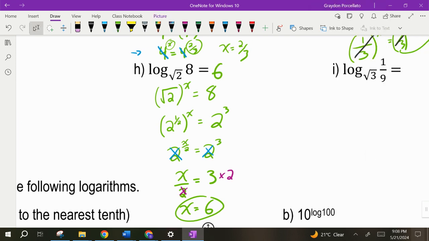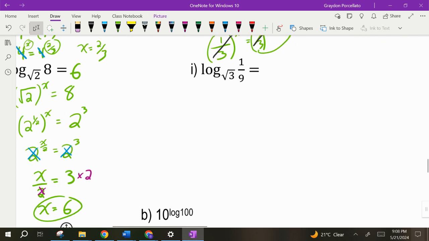Okay, I'll do this next one with that same idea. So this one I'm going to say, okay, well, the root of 3 to the power of what equals 1 over 9. I want to get my bases to be the same, so I'm going to make these both base 3.